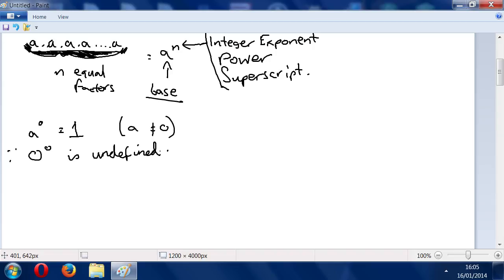So any number to the 0 power will be 1. So 5 to the 0 equals 1. Minus 100 to the 0 is 1, and so on.